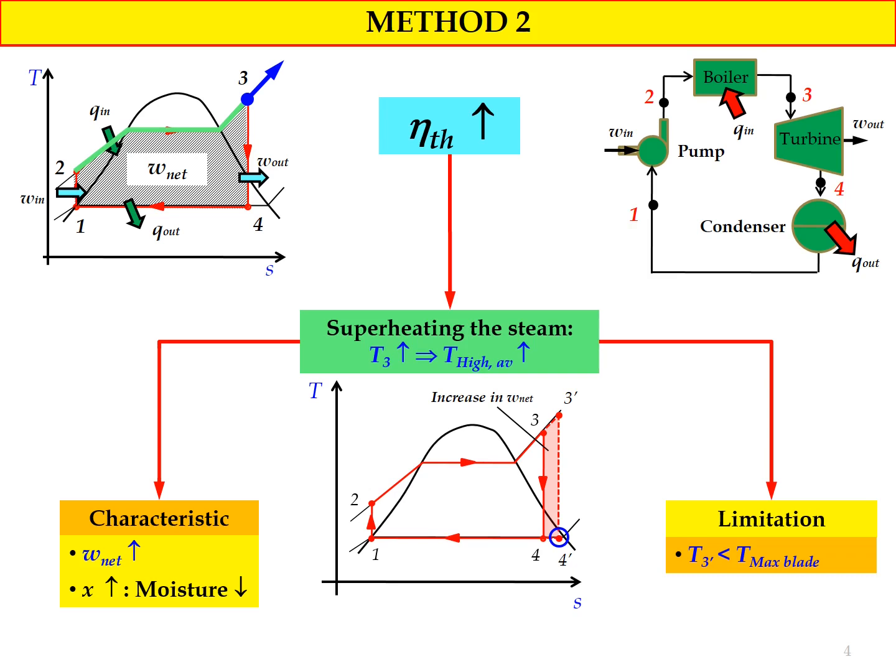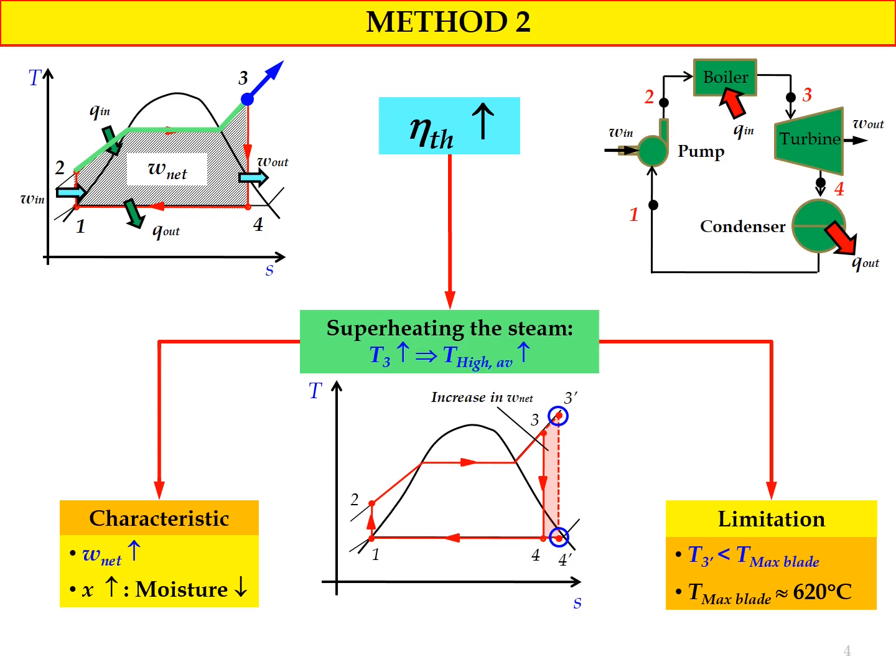Okay, the turbine blade material will have a certain limit, so we cannot exceed the limit, because if we exceed it, maybe we will change the structure of the blade material, so the blade material probably will melt or be damaged.